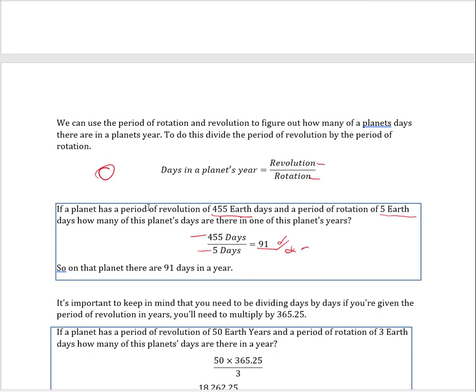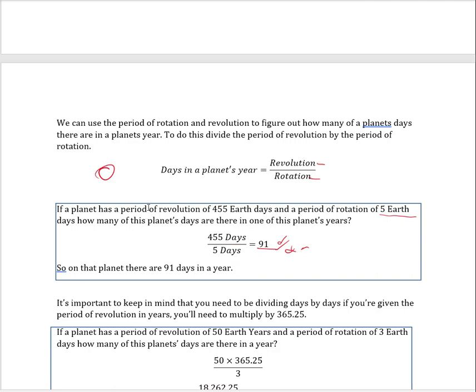Now here's a tiny wrinkle. If you're going to get this to work, both of these need to be in days. See how I'm dividing days by days here? I cannot divide days by years.